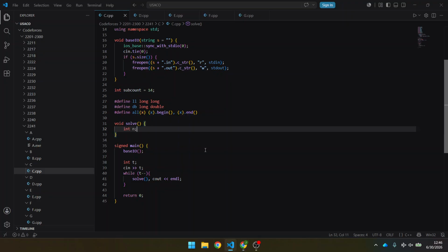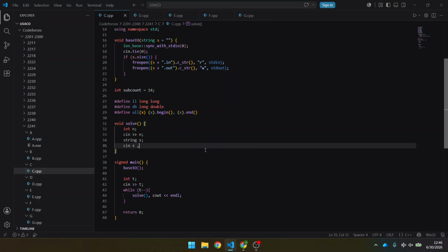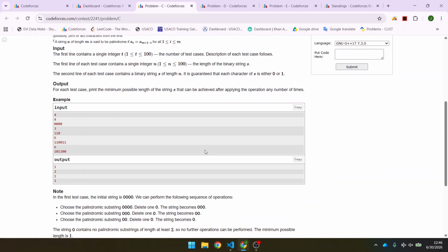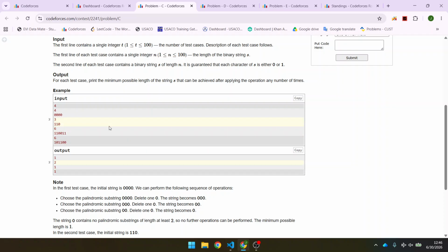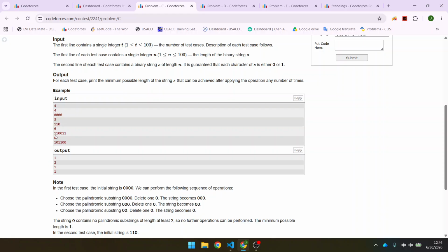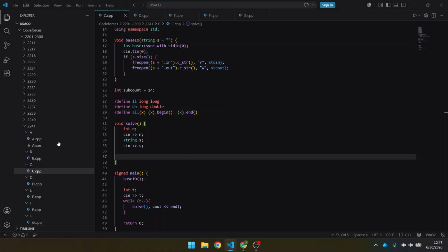Okay. A palindrome. First off, we can reduce it to every single consecutive value, you can change it.